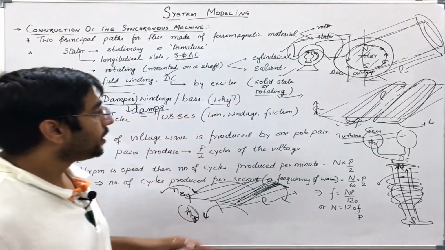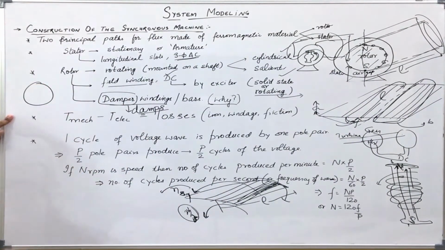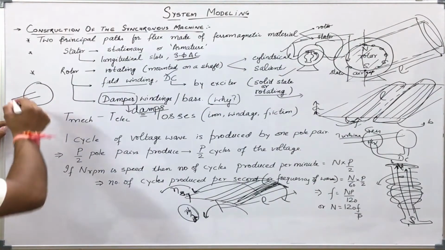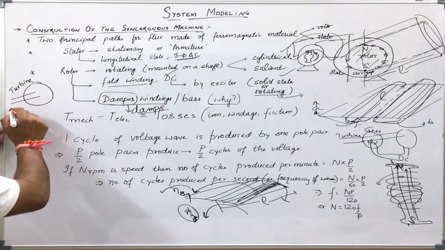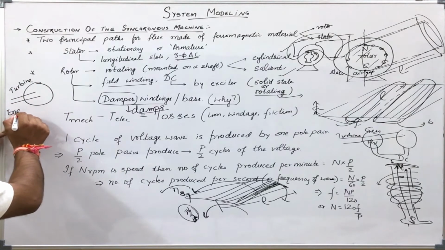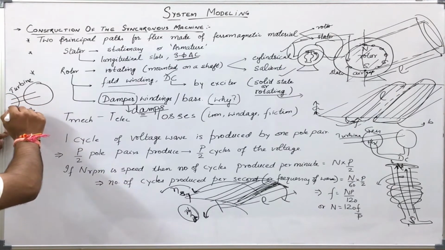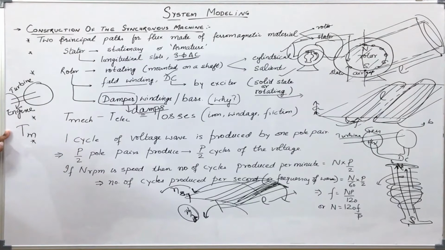Now if this machine is being run by some external prime mover, means some kind of turbine or some engine like in diesel generators, this turbine will move this, so there will be some mechanical torque which is input to the machine.